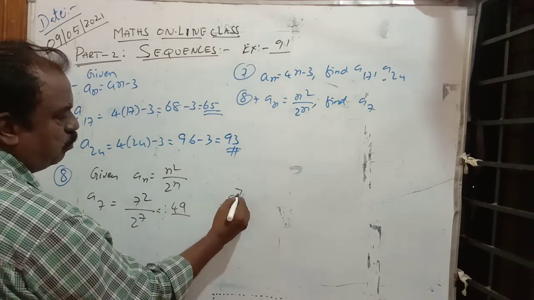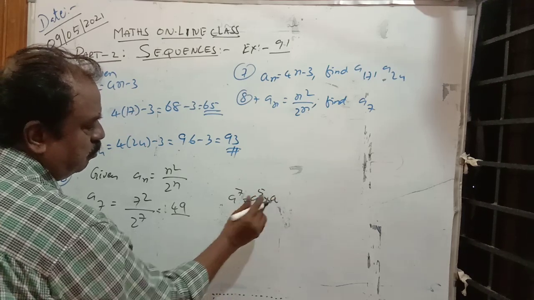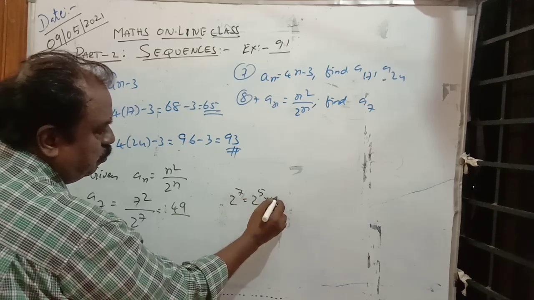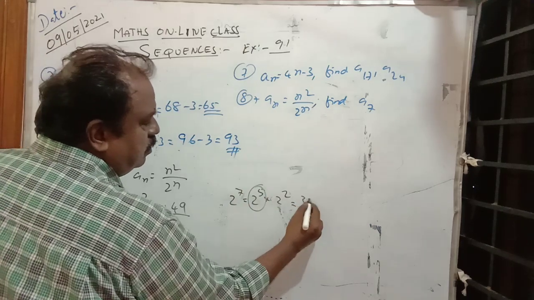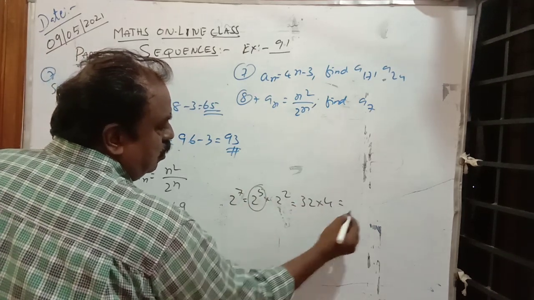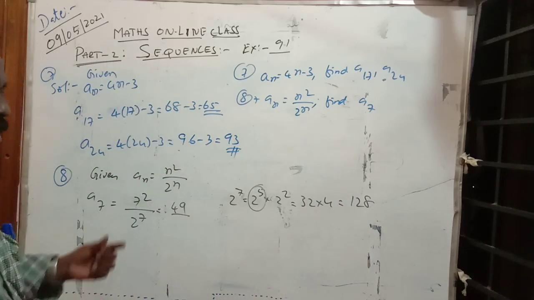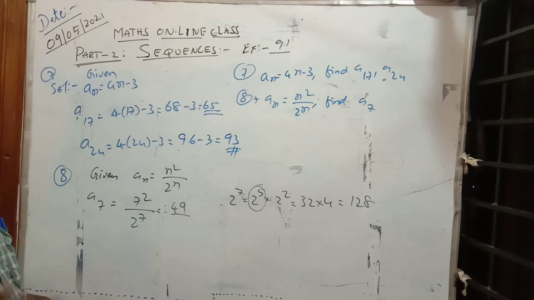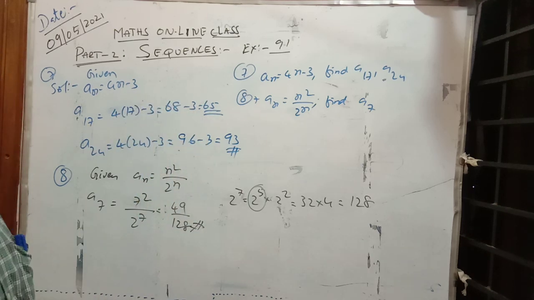Then 2 power 7 means 2 power 5 into 2 power 2. We know that 2 power 5 is 32, into 2 square, which is 4. It is 128. The first 5 powers of 2 we have to learn well: 2, 4, 8, 16, 32, like this. So it is 128.